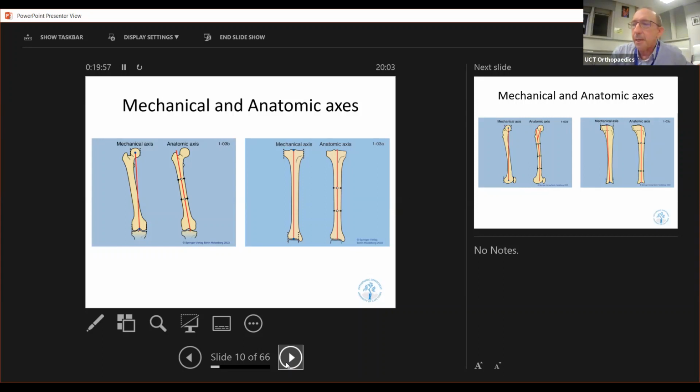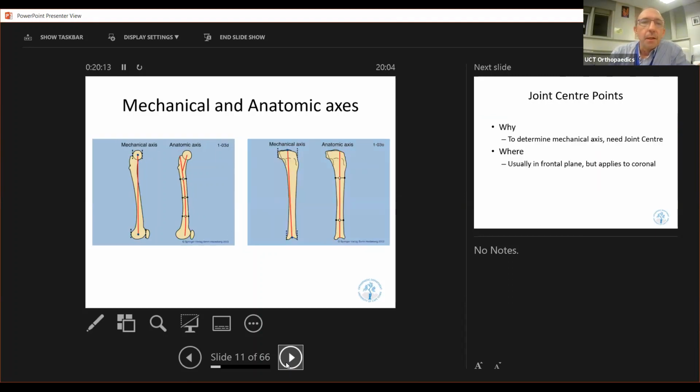Mechanical and anatomic axis of the tibia should be exactly the same, except that because of the load bearing, your mechanical axis tends to run slightly lateral to the anatomic axis. And then I've pointed this out briefly. Your anatomic axis in the femur is a curved line.